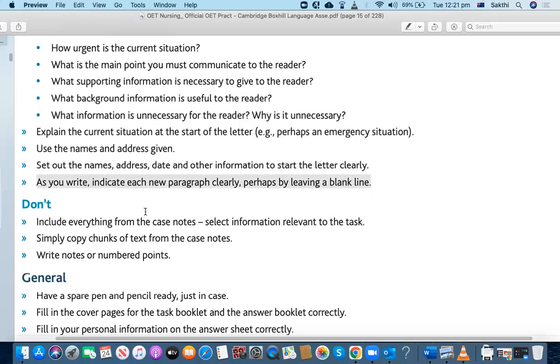Layout is another important criterion as far as the OET writing is concerned. So please write neatly and legibly. Try to give a blank line between 2 sections of the letter to make it a positive experience for the readers. If you do not give a blank line between 2 sections or 2 paragraphs of the letter, it is going to make people yawn at your letter, and that's not good for us.